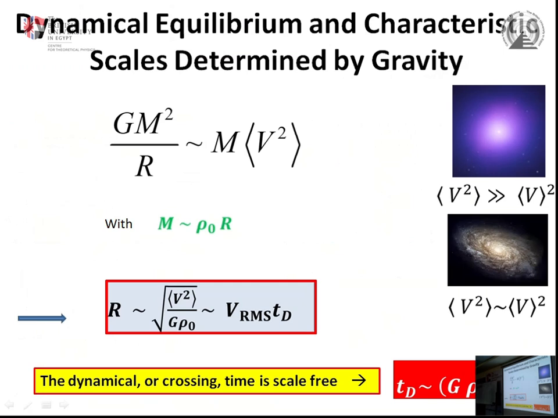But let's say we take the air in the room and keep on increasing the volume, the mass.